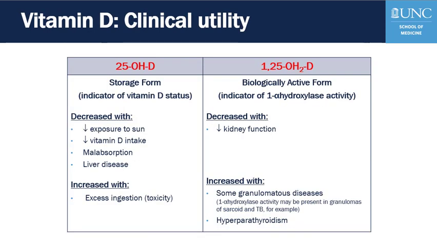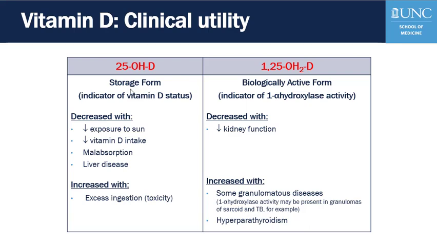So how can we use measurements of vitamin D to help us assess and evaluate disorders of calcium homeostasis in parathyroid dysfunction? Well, both 25-hydroxyvitamin D and 1,25-dihydroxyvitamin D can be directly measured. This first is considered the storage form of vitamin D and is an indicator of vitamin D status.